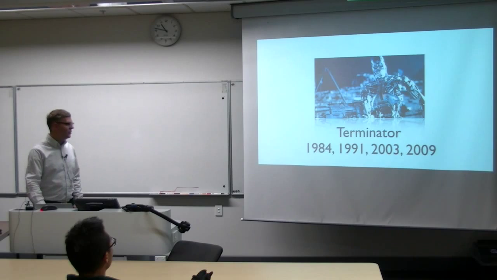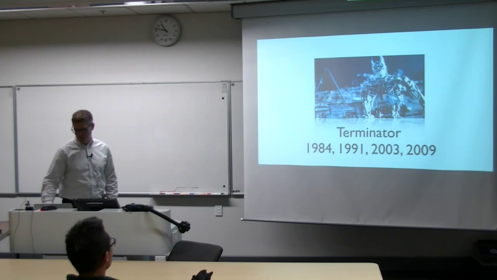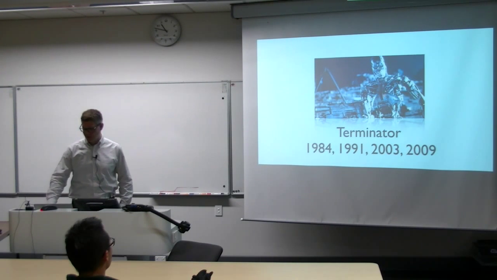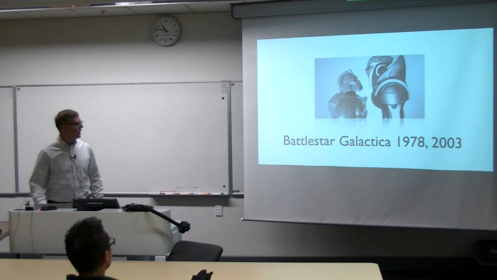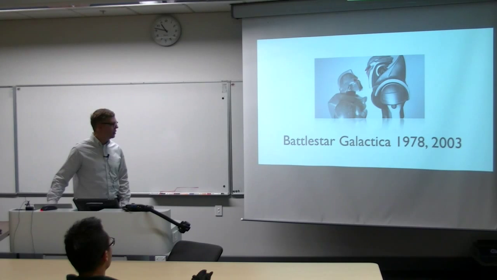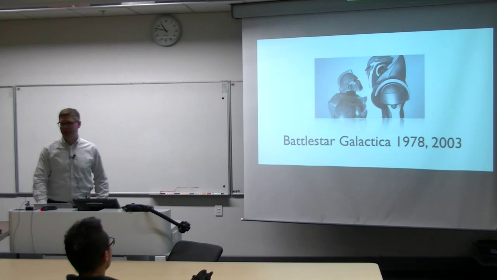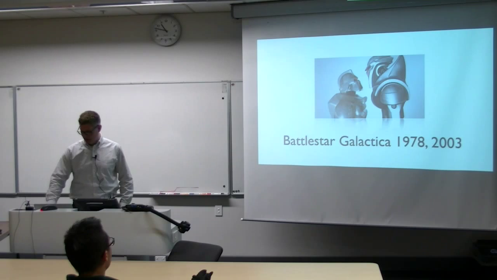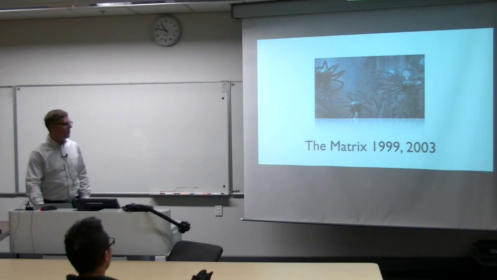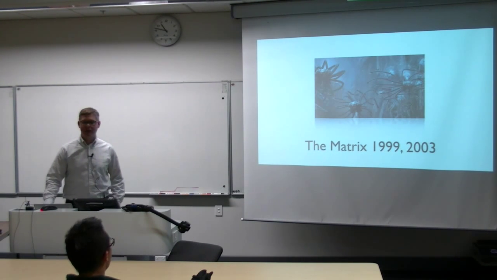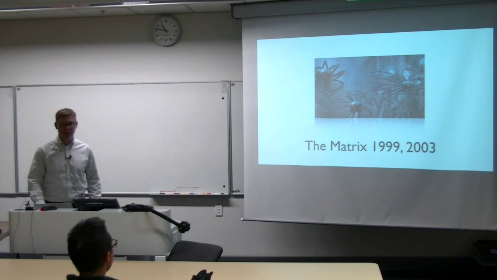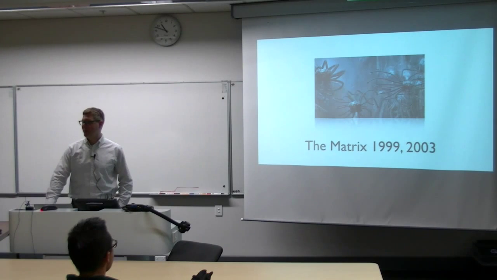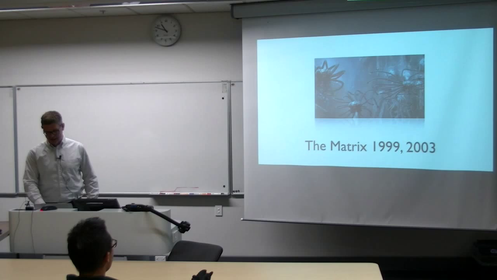Terminator, in all its reincarnations, all the time, the robots are after us to kill us in the future, in the present, and so forth. Battlestar Galactica, originally 1978, and then the new version in 2003. Again, you got the robots, they're after us to kill us. The Matrix, same thing. You have essentially robots or machines, they're after us, and eventually they just use us as batteries, which has been shown is probably the most uneconomical battery you can have. It doesn't make any sense.